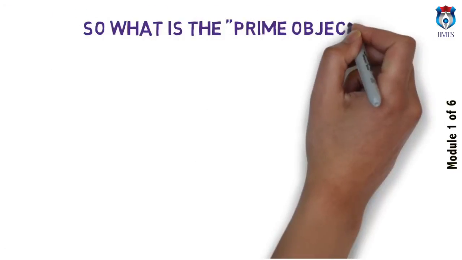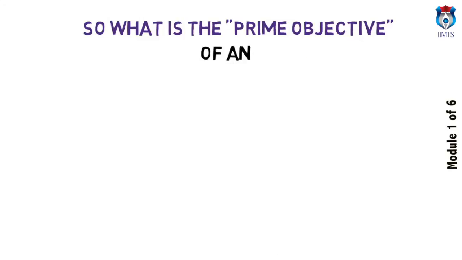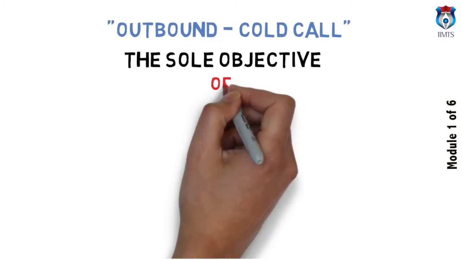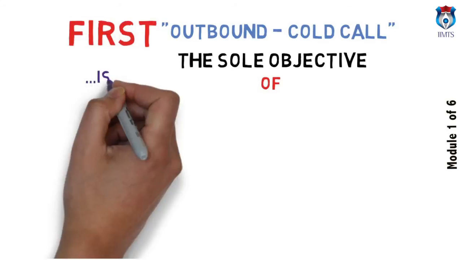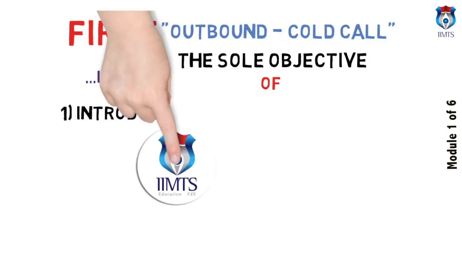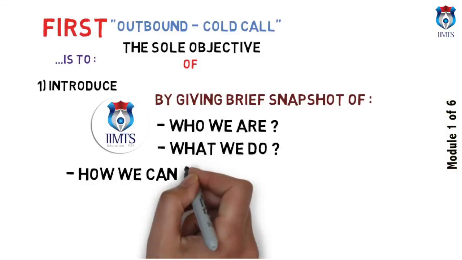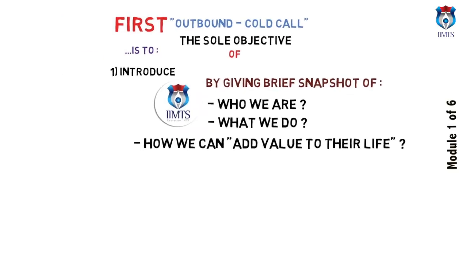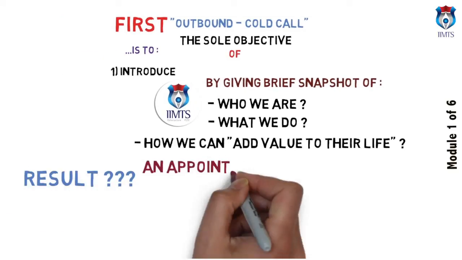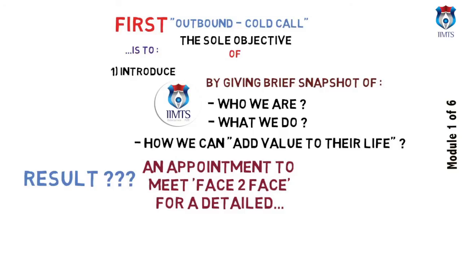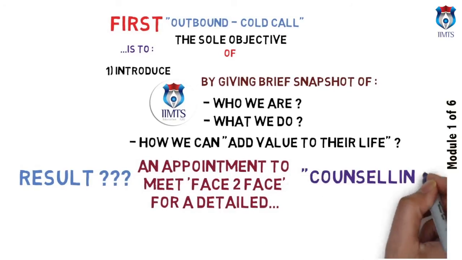So what is the prime objective of an outbound call? The sole objective of the first outbound call is to just introduce IIMTS by giving a very brief snapshot of who we are, what we do, and how we can transform their lives, so that we can get an appointment to meet the prospective student for a detailed counseling session.